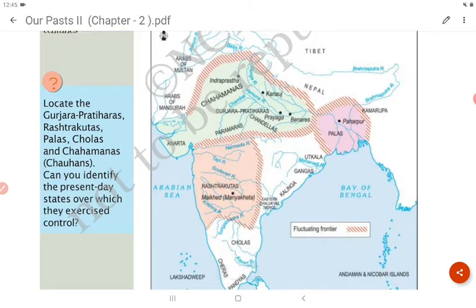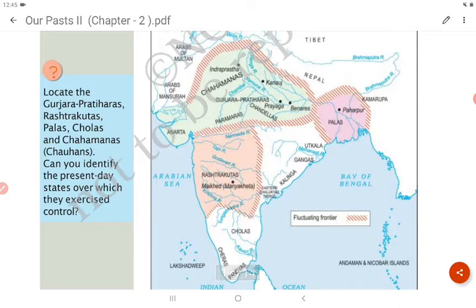So we have these fluctuating front lines. Locate the Gurjara Pratiharas. So we have got Gurjara Pratiharas, they're here. Then we have Rashtrakutas, they're here.